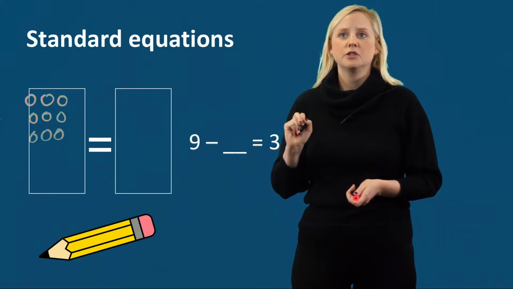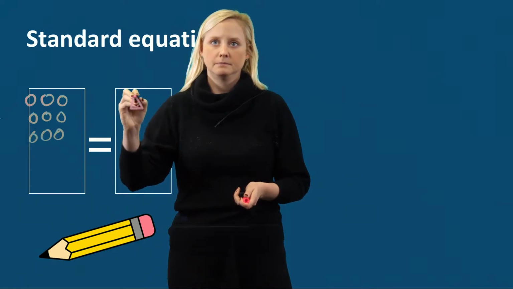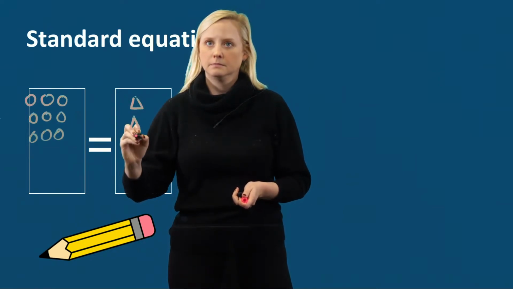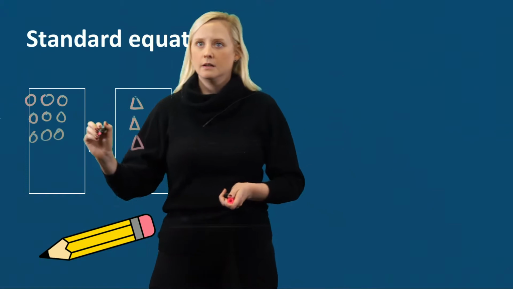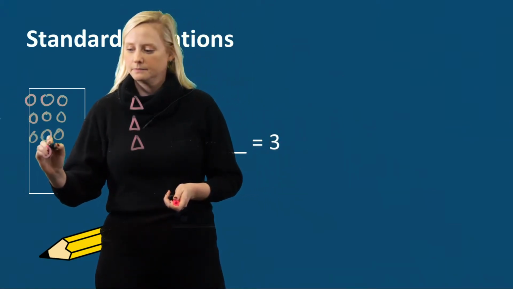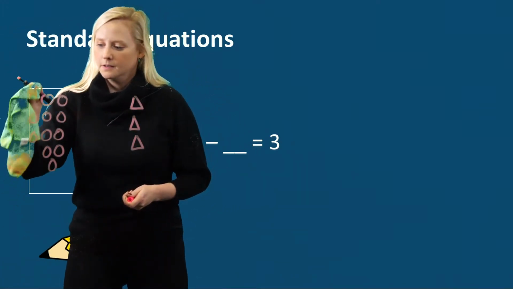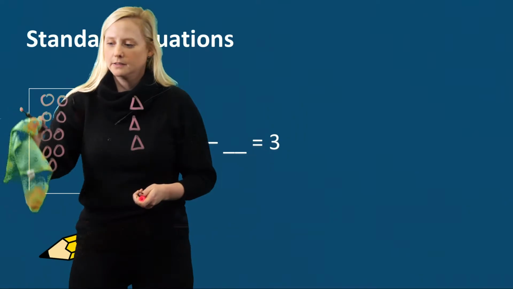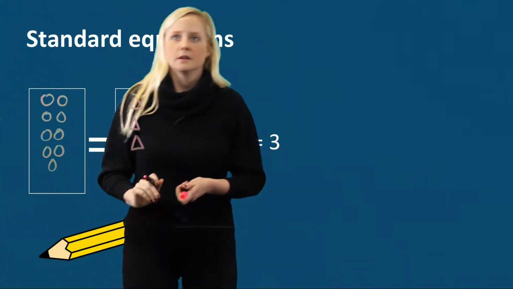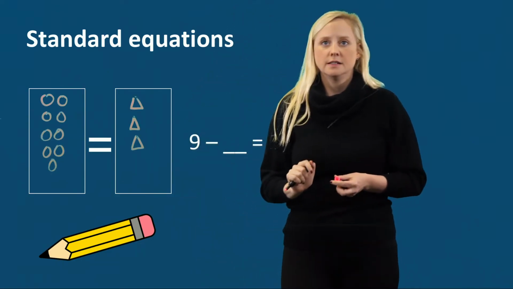So I'm going to draw 3 triangles on this box. Let's fix these so that they are better in our box. So I have 9 on this side and I have 3 on this side.